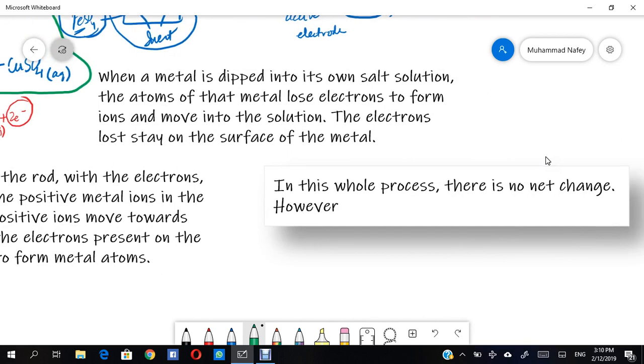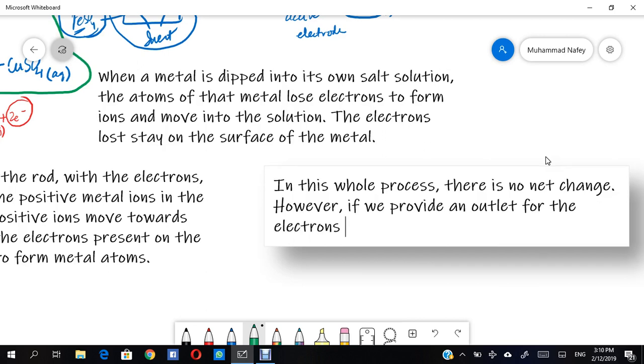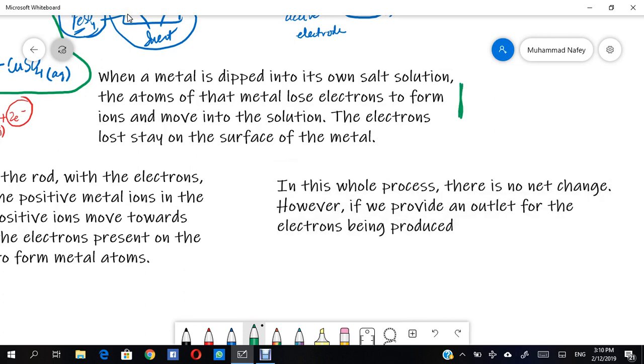However, if we provide an outlet for the electrons being produced, and where are the electrons being produced? Here, in this part of the reaction, electrons are being produced.